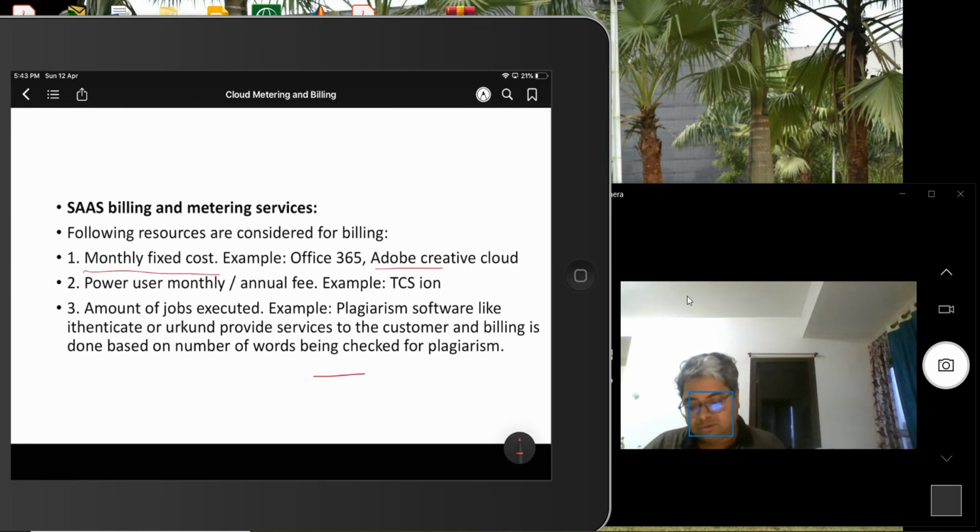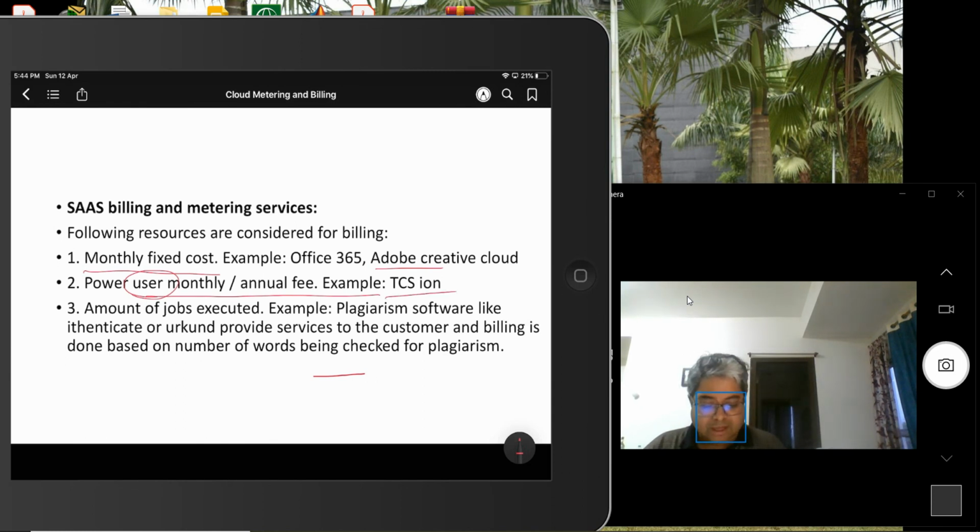The only thing you have to pay is the subscription fee monthly or annually. And some services don't charge on a monthly or annual basis; they charge by how many users are using it, and that is also a per month or per annum fee.